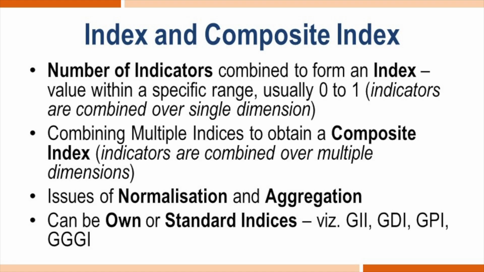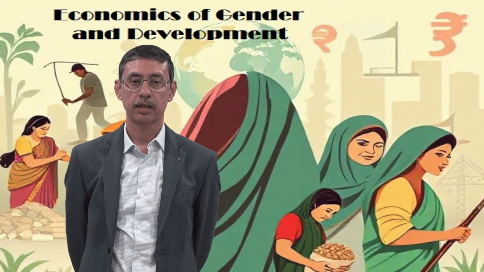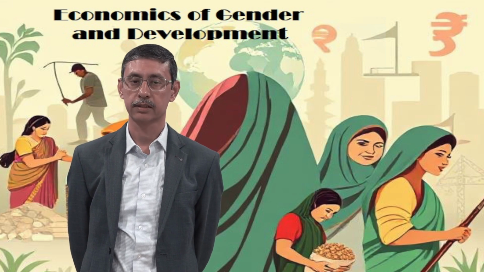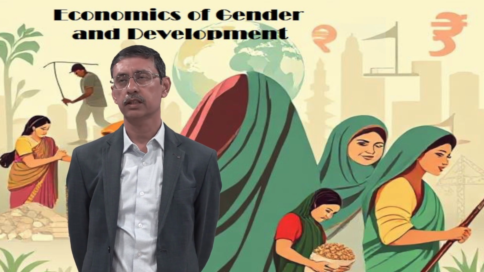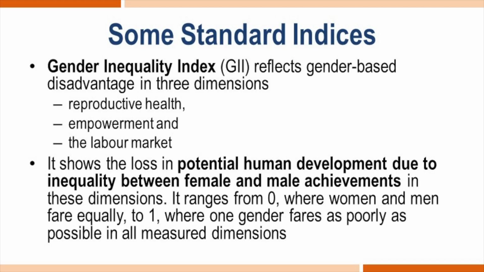For instance, GII, the Gender Inequality Index, GDI, the Gender Development Index, GPI, Gender Poverty Index, or GGI. So these are the different indicators and indices that we have. For instance, the Gender Inequality Index reflects gender-based disadvantages in three dimensions: reproductive health, empowerment, and labor market.